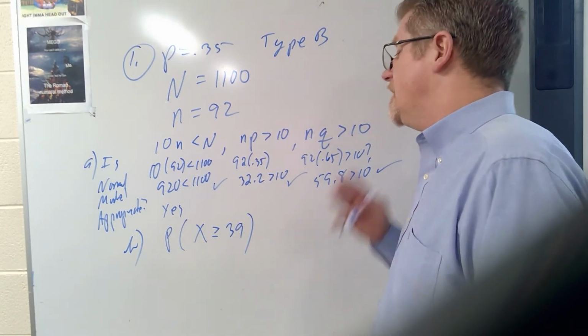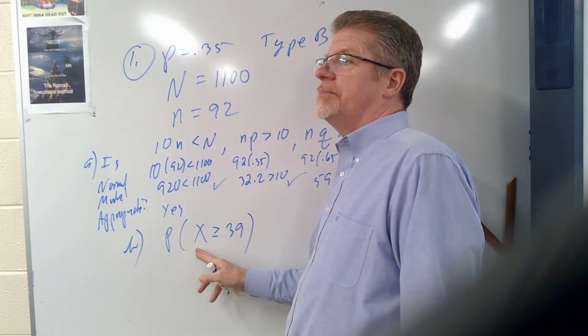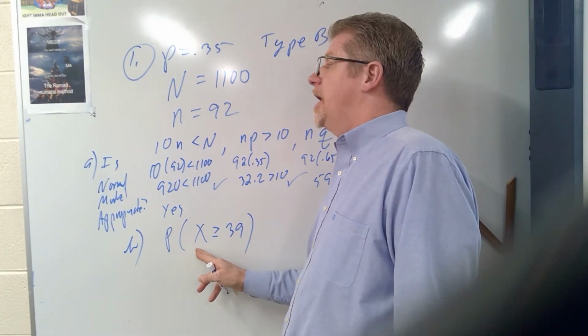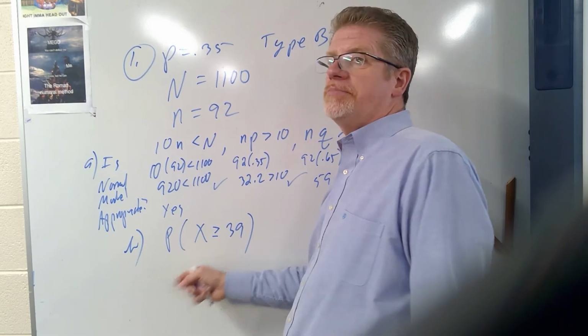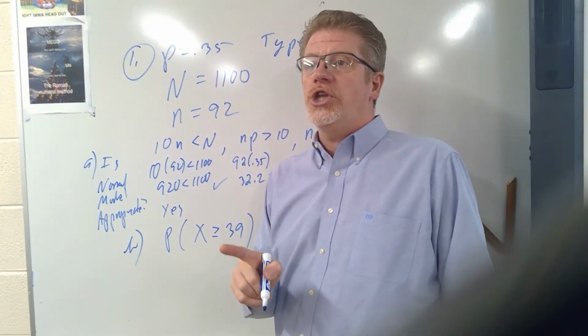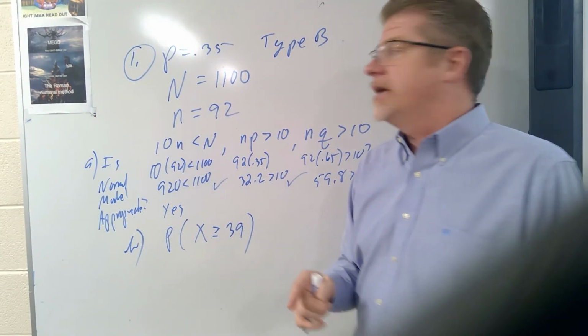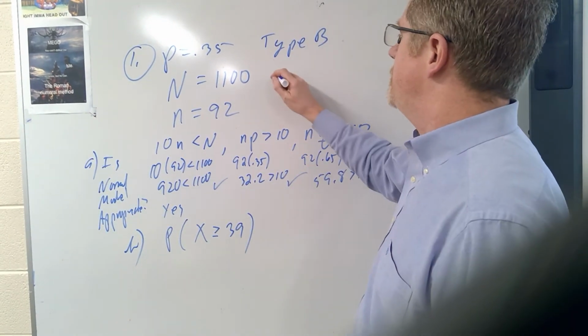When you said that the definition of X is the number of students that have type B blood, that's close. Since it's a binomial model that we're going to be using, you would have to say out of 1,100. So let's write a let X statement up here.